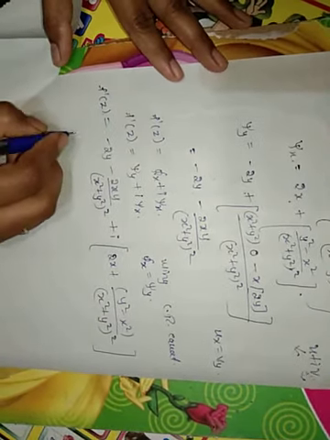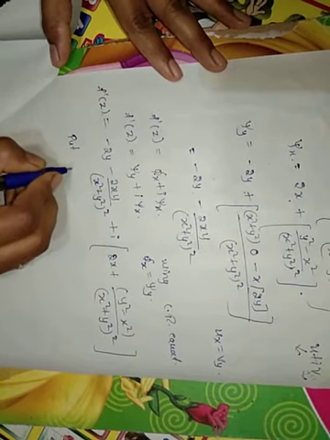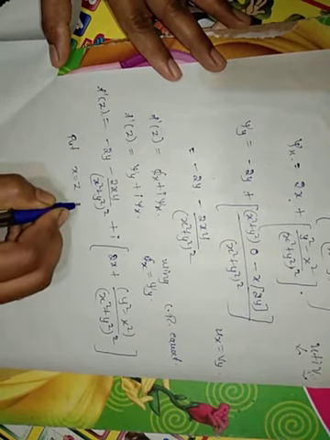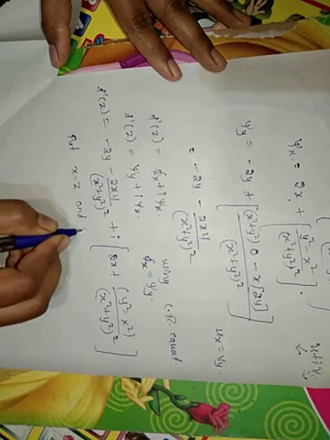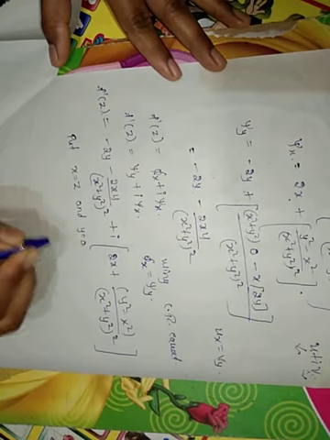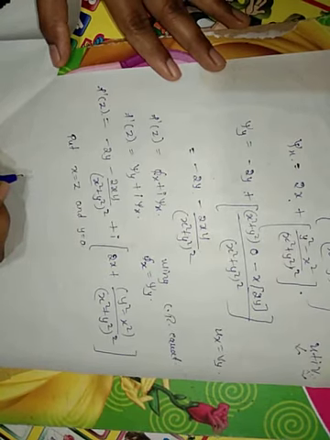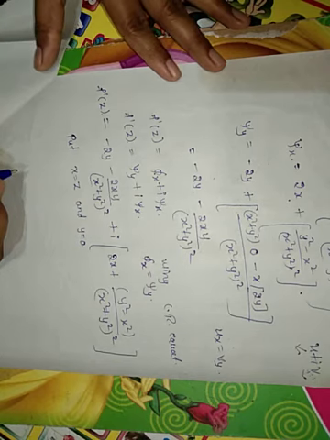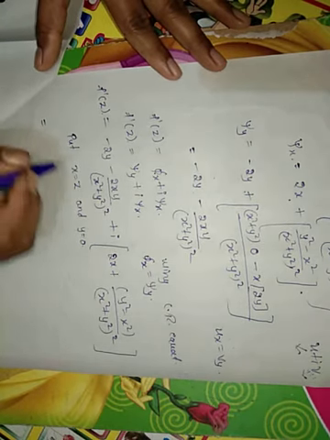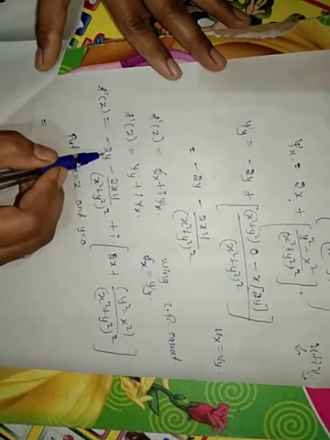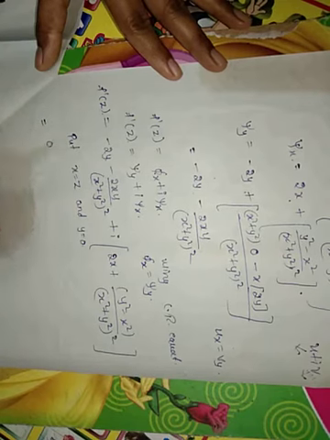The next step is put x equal to z and y equal to 0. When y is 0, 0 into something is 0.